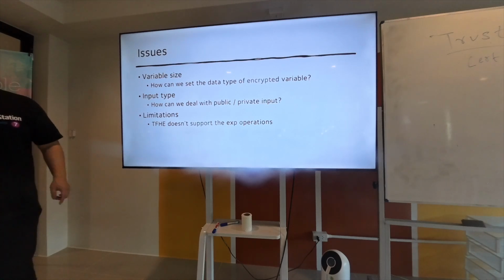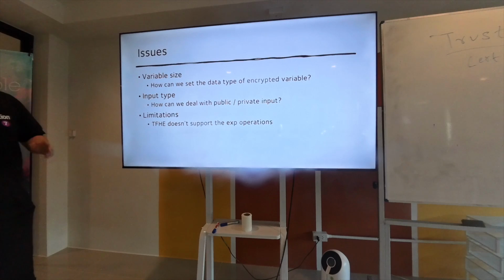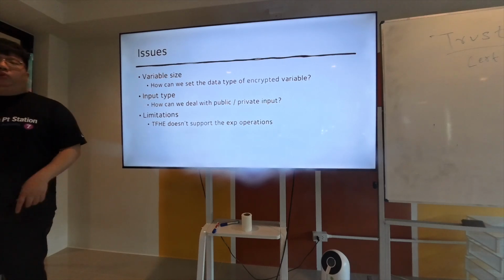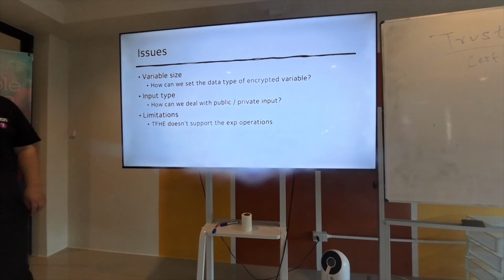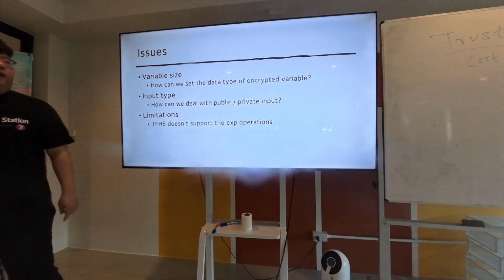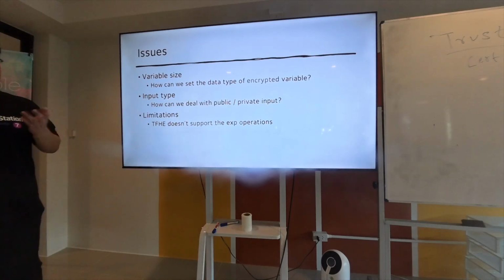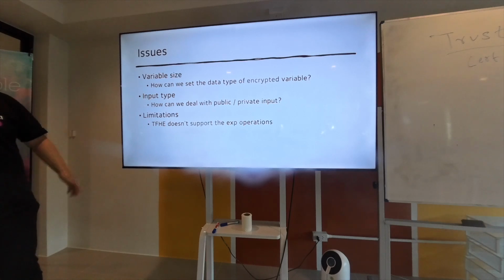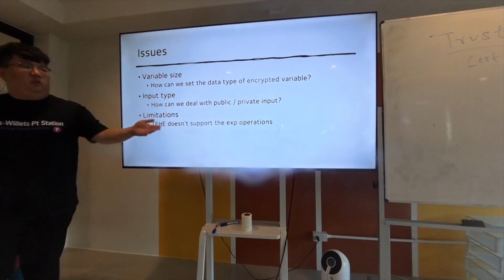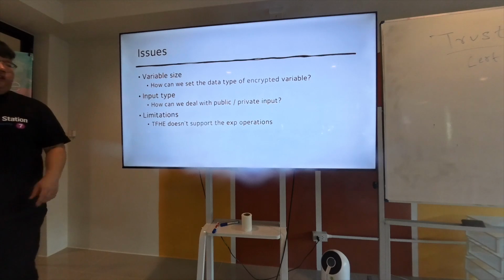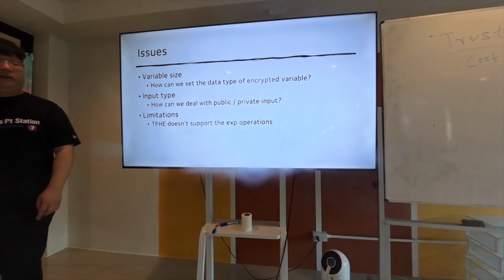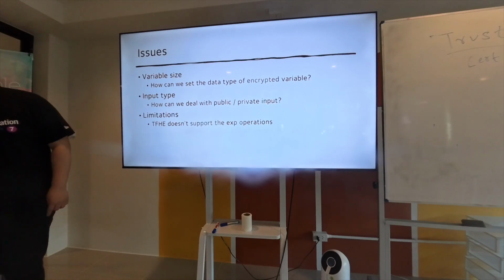So in binary operations, we can mix non-encrypted and encrypted variables. We made all public inputs non-encrypted variables and all private inputs encrypted variables. That is how we handled input type. The limitation was that TFHE doesn't support exponent operations, and there are a lot of operations that TFHE does not natively support.